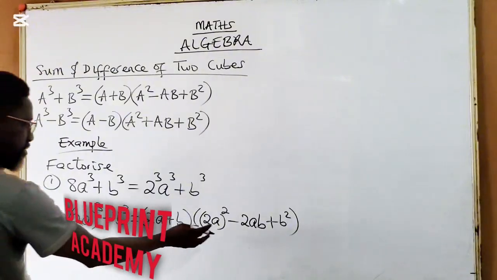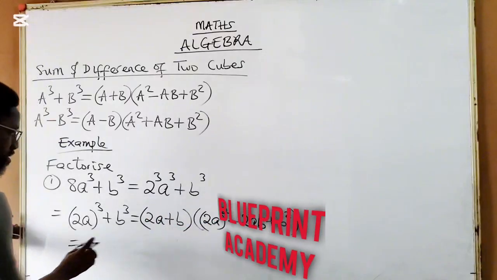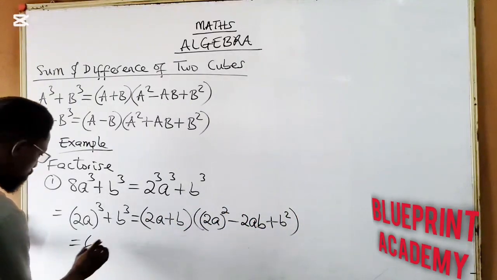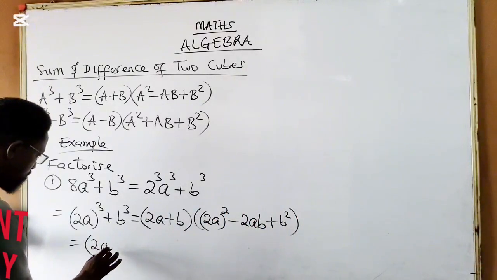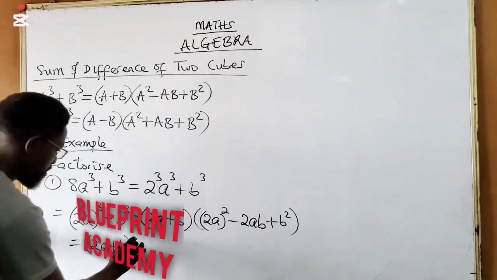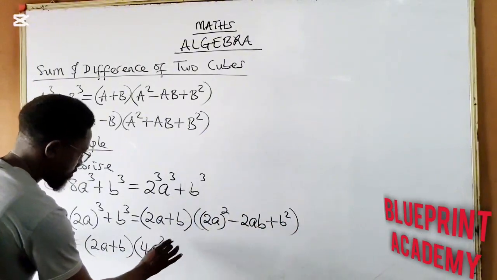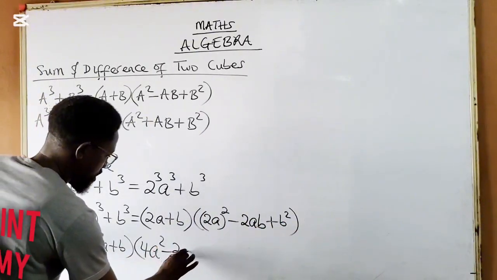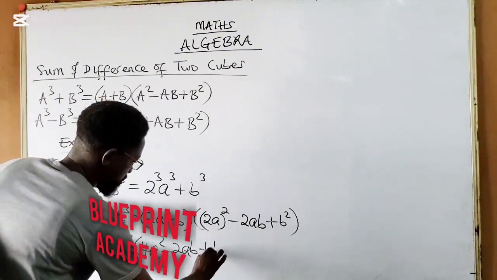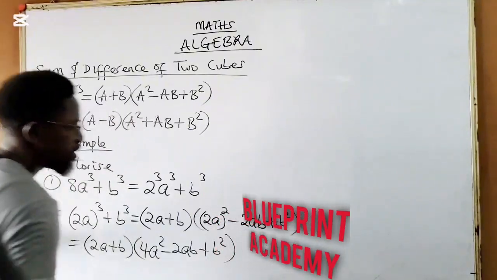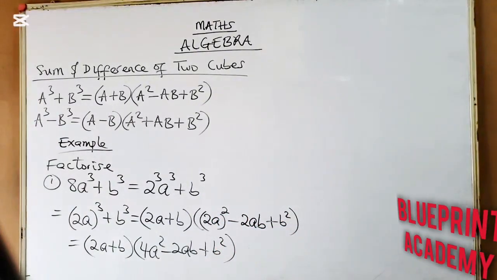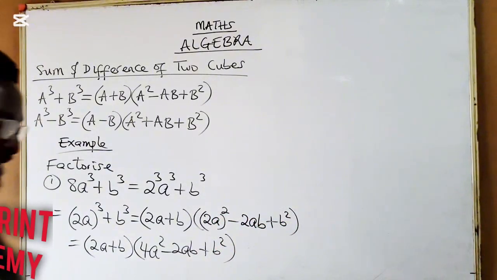So this one will give us, first, 2a plus b. Then this one will now be 4a squared minus 2ab plus b squared. That is the answer to that particular question.